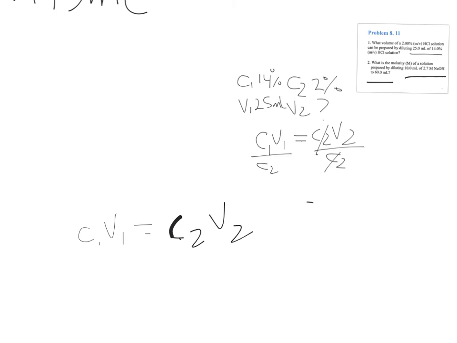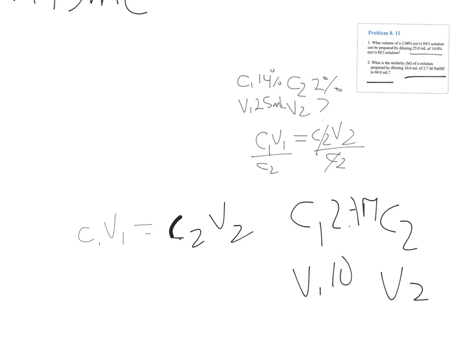So we evaluate C1V1, C2V2. C1 is 2.7 molar, V1 is 10 milliliters, C2, we don't know it, and V2 is 60.